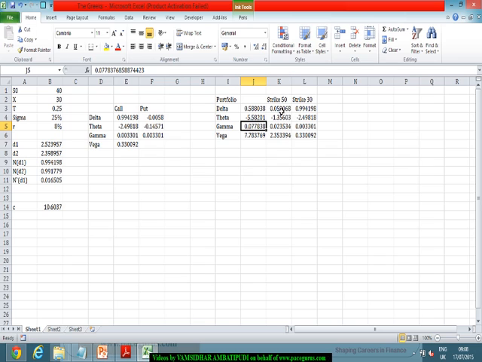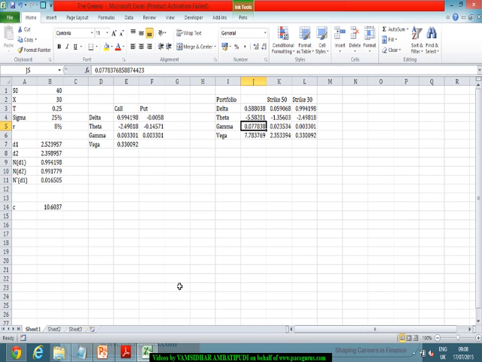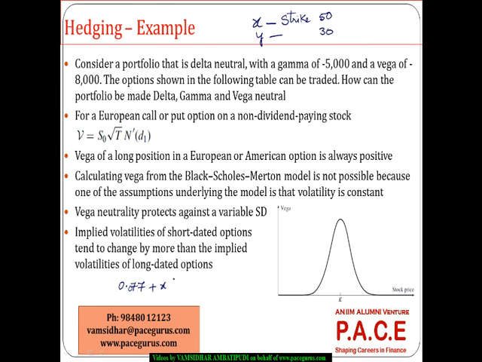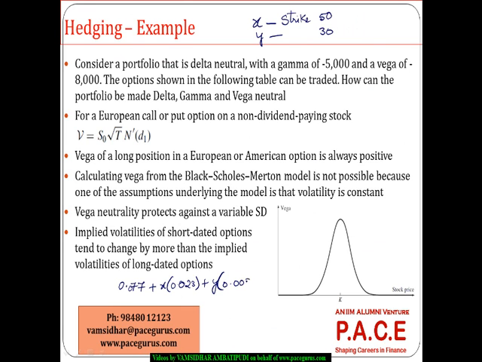Now, along with this, I take the position in those. The overall should be equal to 0. So which means 0.077 plus X times 0.023 plus Y times 0.003. This is the gamma, which should become 0.